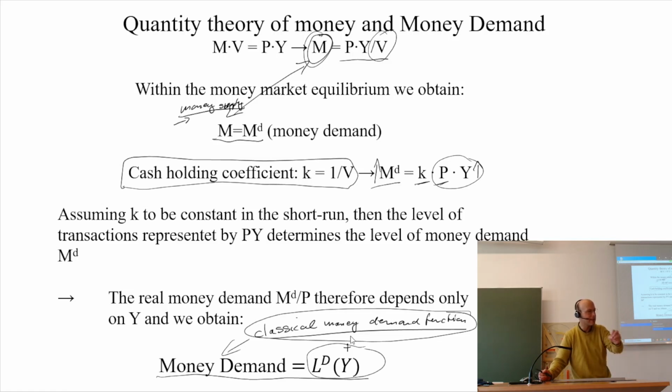Of course, classical economists would not say there is no dependence on interest rates, but if you have a very straight classical view, then you would say the dependence on income is much, much more important than the dependence on interest rates.